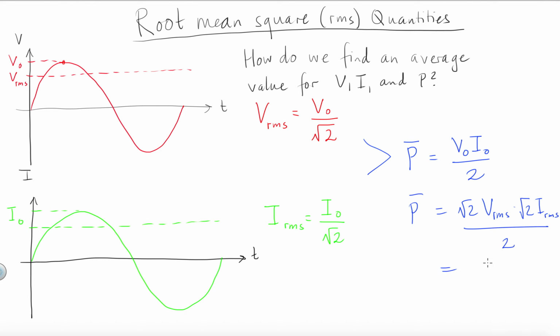Root 2 times root 2 is 2, so these cancel, and I get the average power to be the RMS voltage times the RMS current.